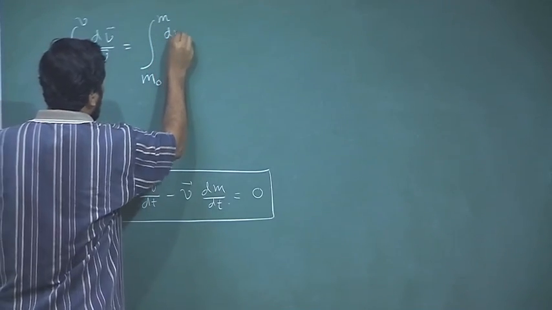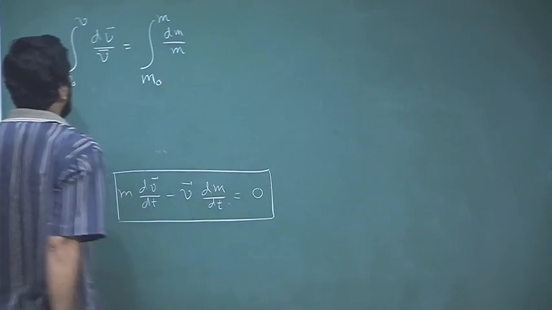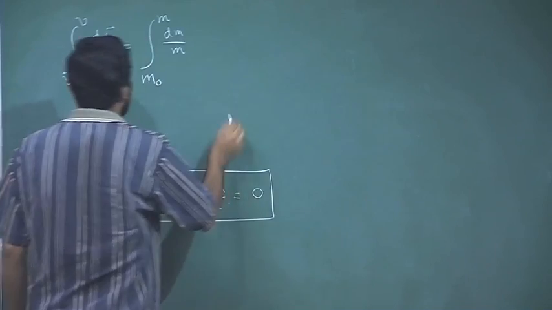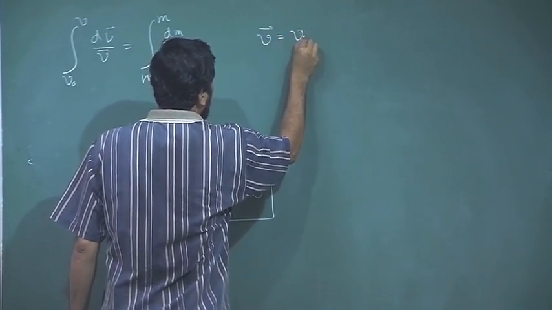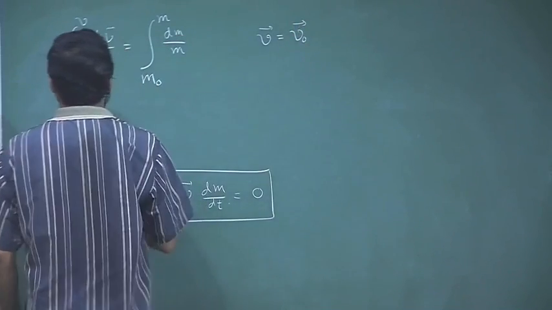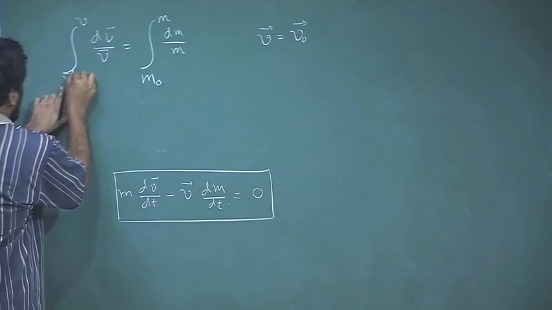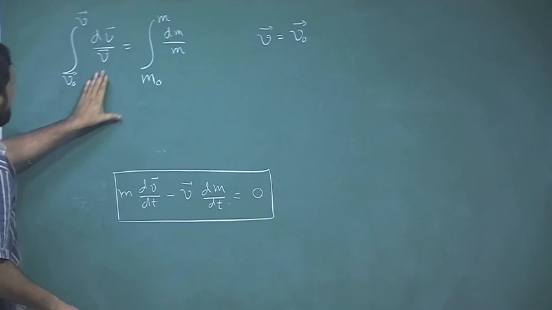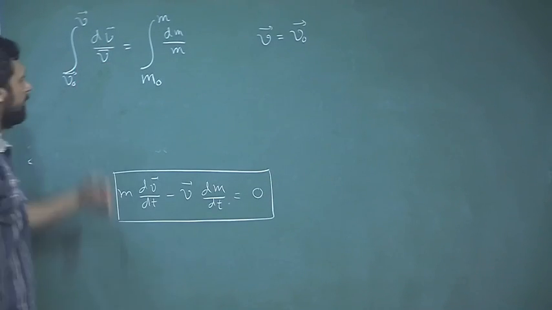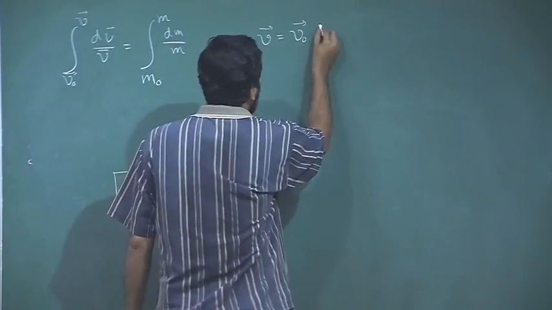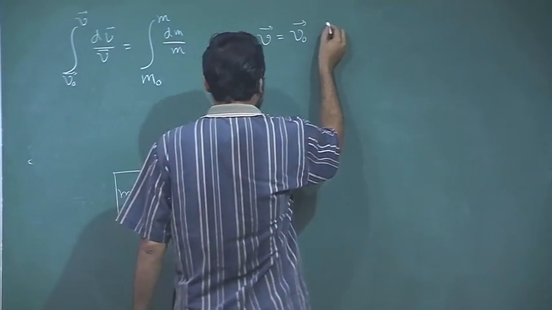Please remember that v0 is also a vector quantity, so the left hand side is a vector, and we are integrating vectors, keeping the direction intact because we do not know which way it is going to change.